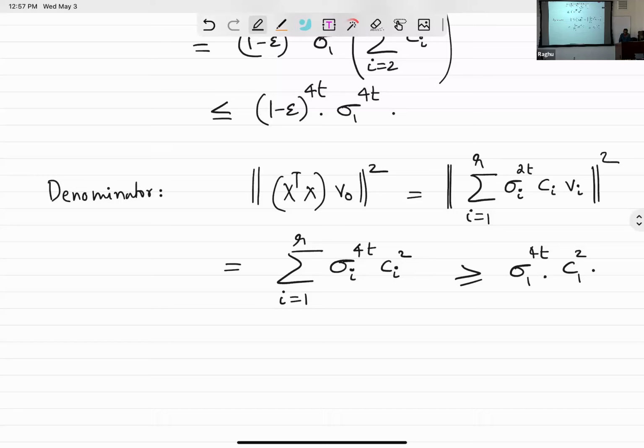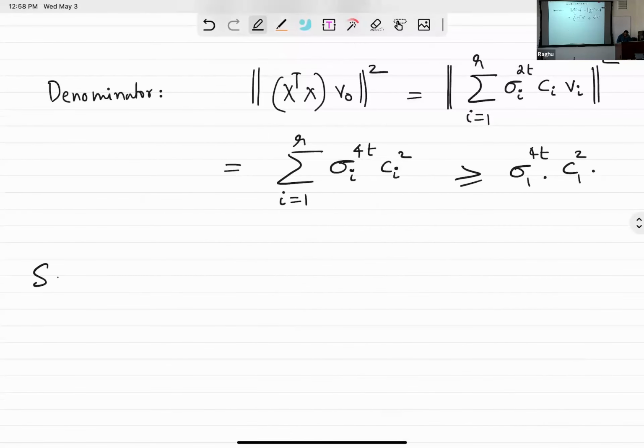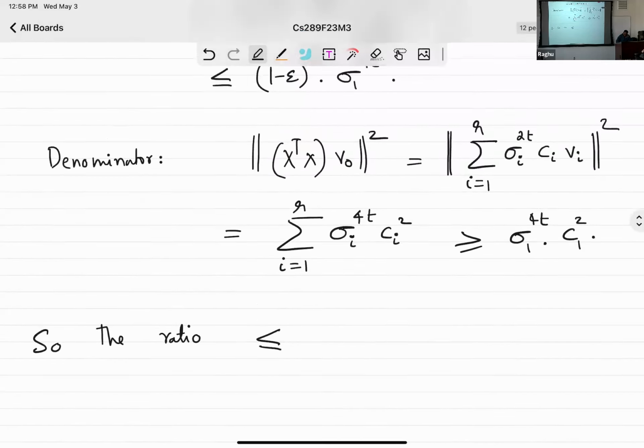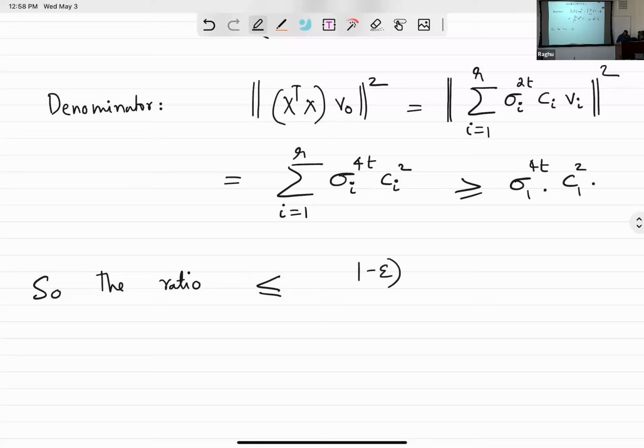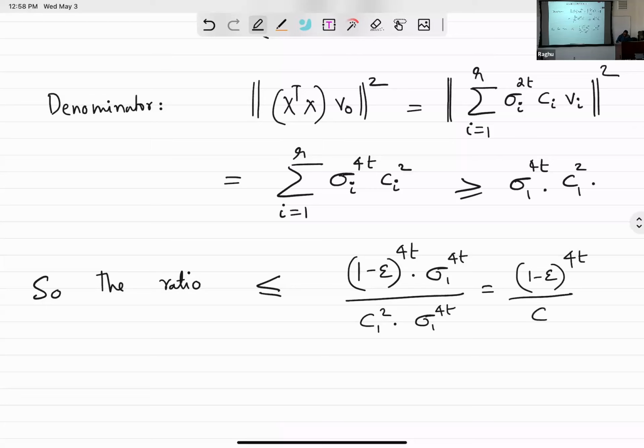Okay. And so the ratio is less than or equal to, okay, so it is decreasing exponentially as t grows.